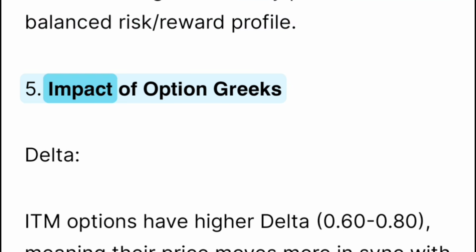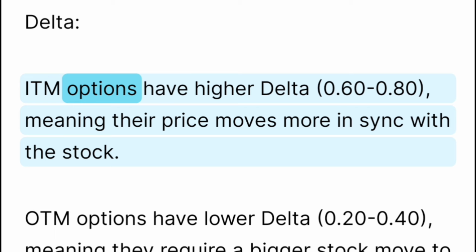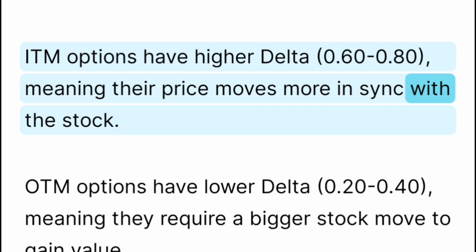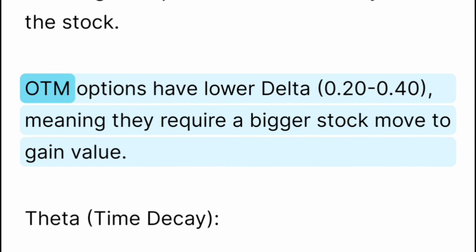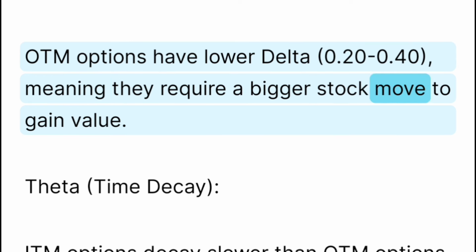5. Impact of option Greeks. Delta: ITM options have higher delta, 0.60-0.80, meaning their price moves more in sync with the stock. OTM options have lower delta, 0.20-0.40, meaning they require a bigger stock move to gain value.